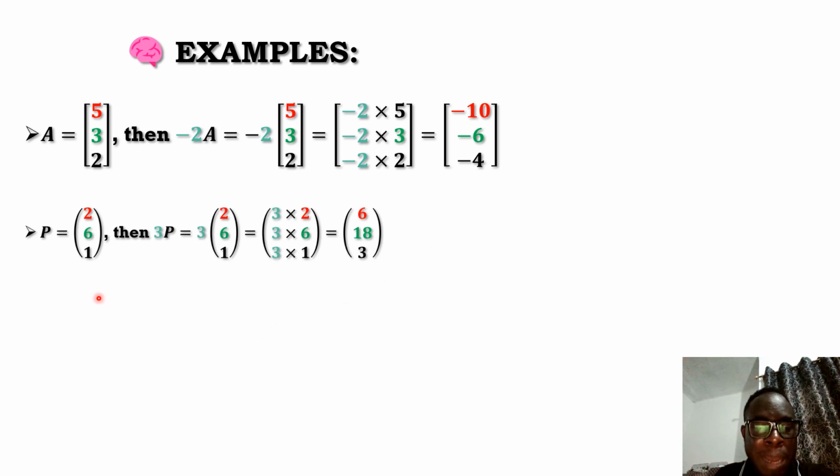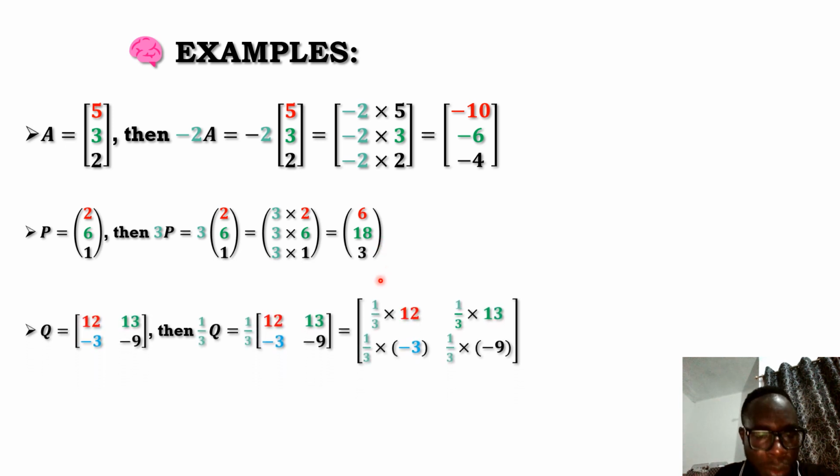For the next example, we have P as a matrix of 3 by 1 order. So we have 3P, where this 3 is the scalar. It is going to multiply each of the entries. So we are going to have 3 times 2, 3 times 6, 3 times 1, giving us 6, 18, and 3.